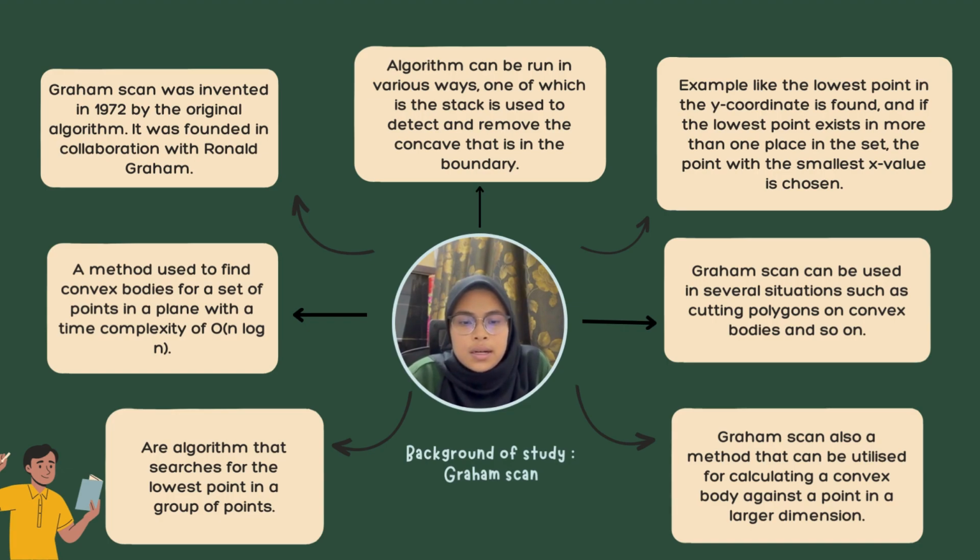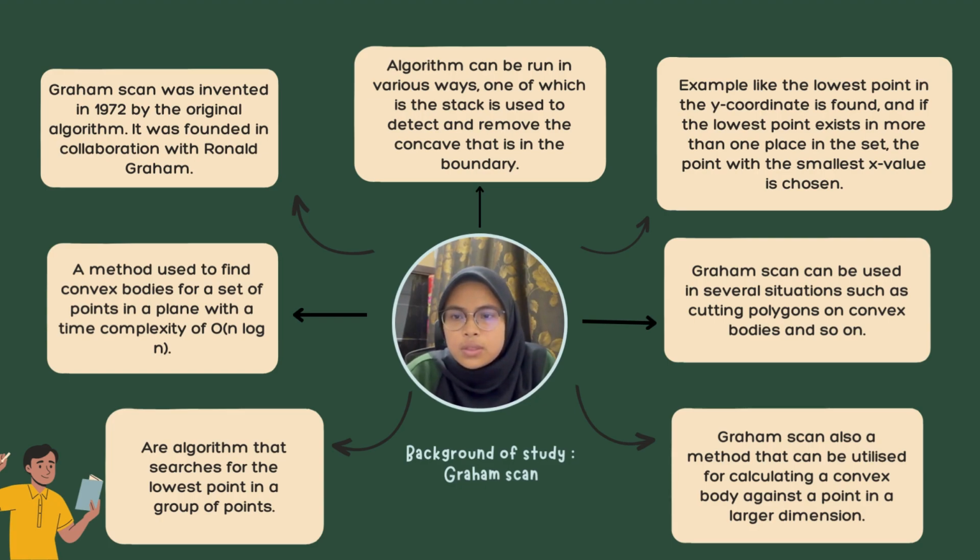Next, it is an algorithm that searches for the lowest point in a group of points. The algorithm can be run in various ways, one of which is used to detect and remove the concavities in the boundary. For example, the lowest point in the y-coordinate is found, and if the lowest point exists in more than one place in the set, the point with the smaller x value is chosen.